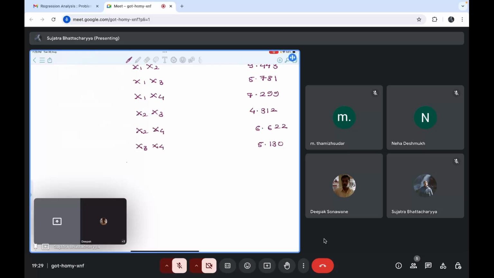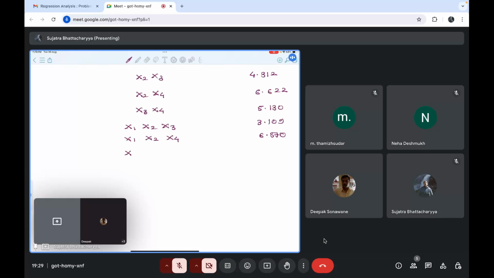Now, three regressor models. So x1, x2, x3, that is 3.109. X1, x2, x4 is 6.570. X1, x3, x4 is another possible, so this is 4.968.